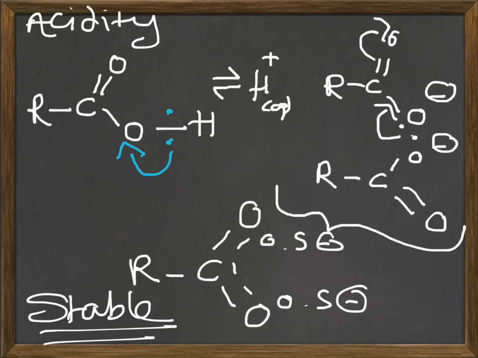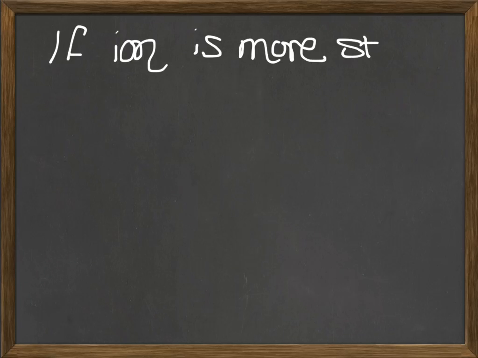So the stability of that carboxylate anion is the reason why it's so acidic. The more stable that ion is, the more acidic, the further right, if you like, the equilibrium of the dissociation of the carboxylic acid is going to lie. Okay, so how acidic are they? How can we work out how acidic they are?